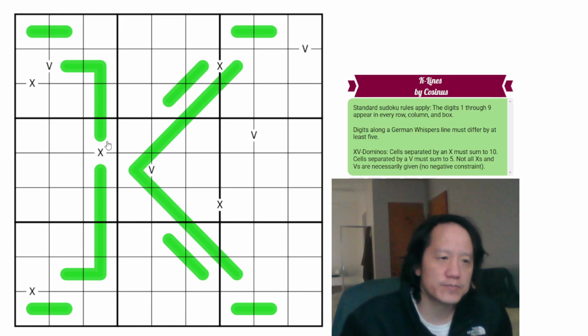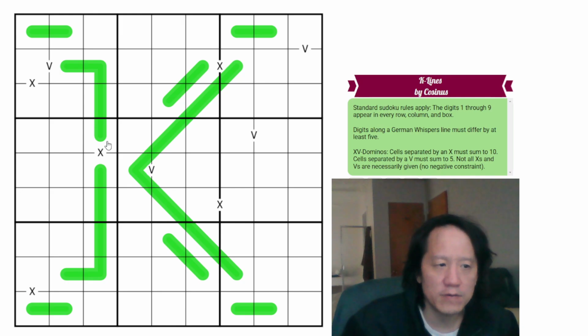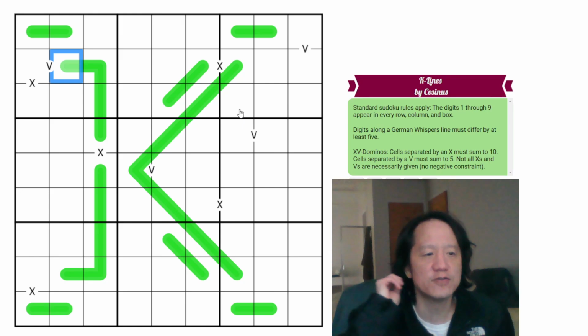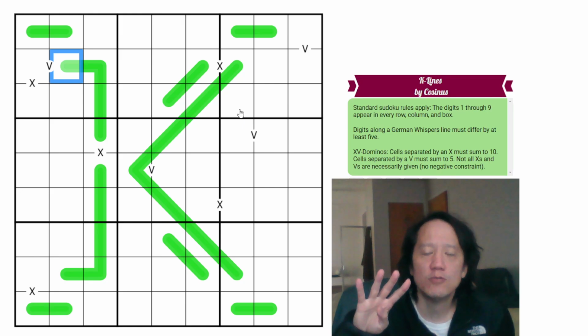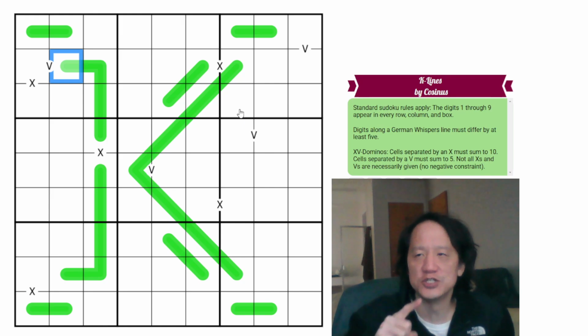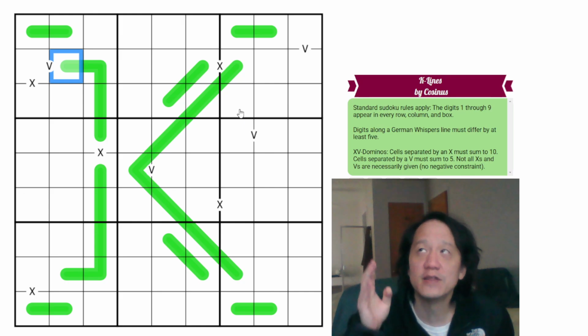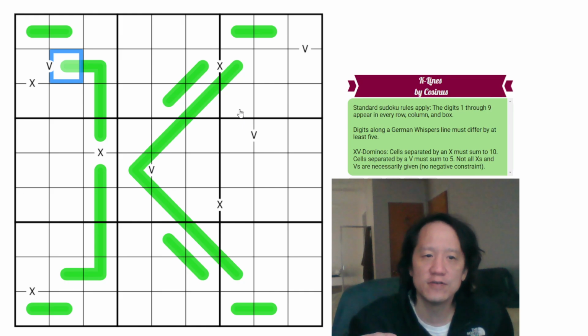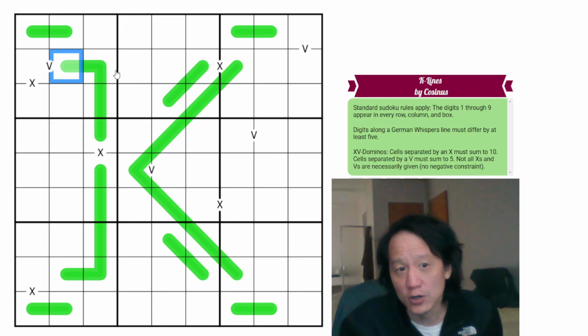So if you have a low digit, say from 1 through 4, the lowest digit you can have is 1. Well, we know there are 2 digits here that add up to 5.